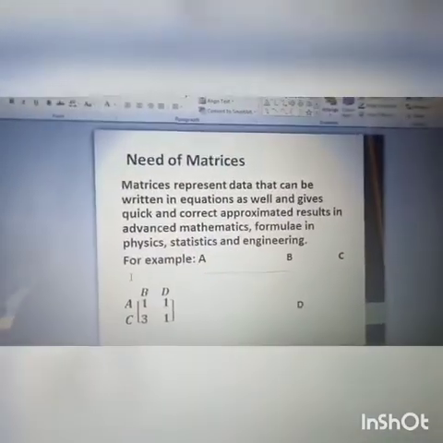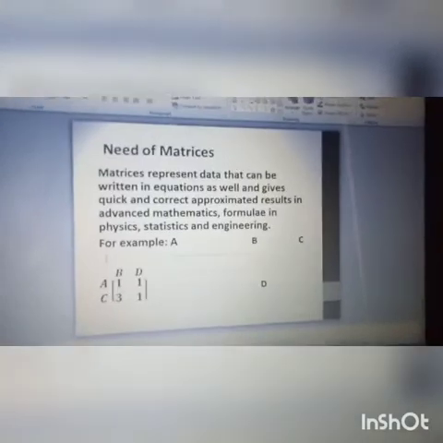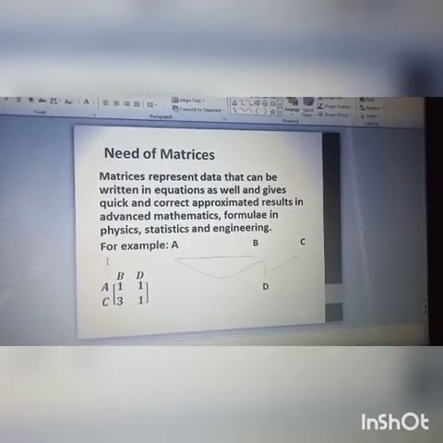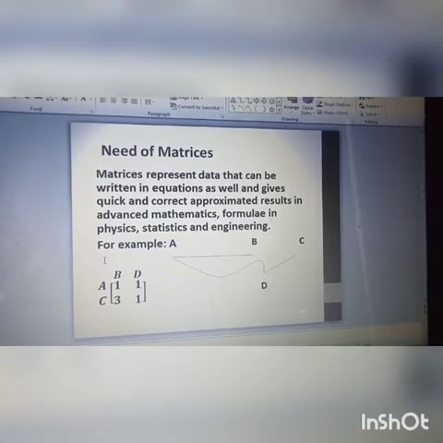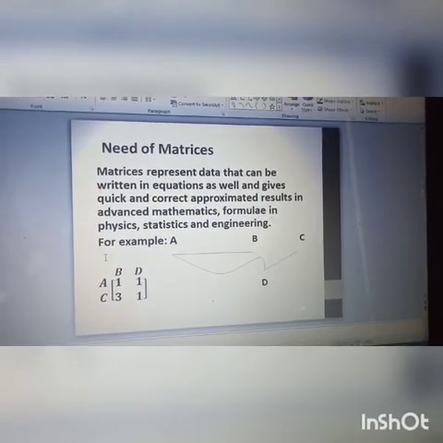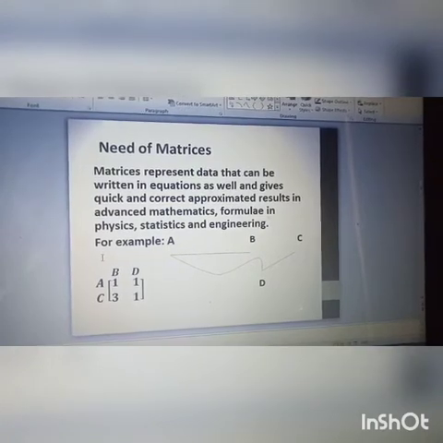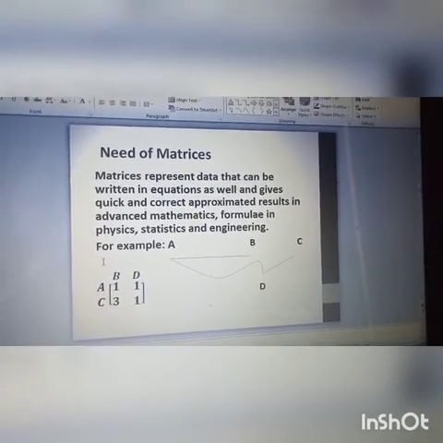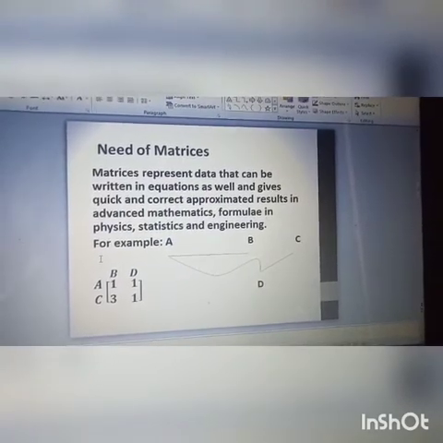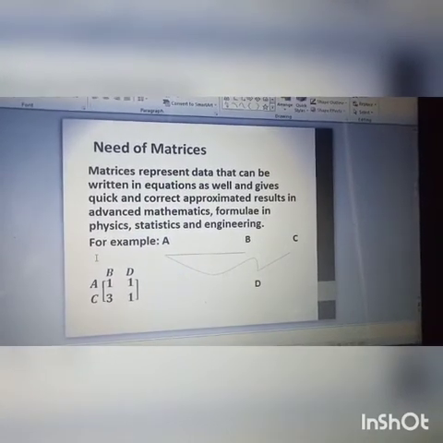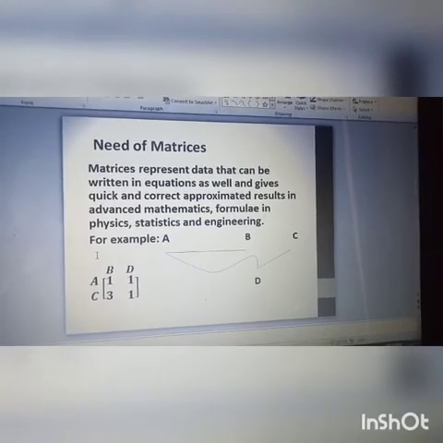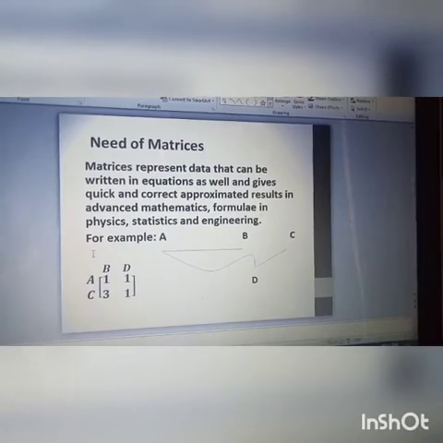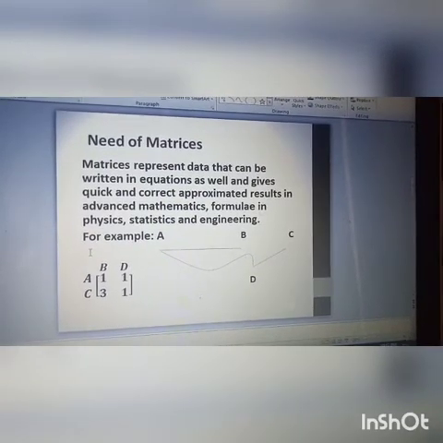The next target is, what is the need of matrices? Why does this question come in young minds? Sometimes they keep on doing the work with matrices, but the question still remains: what is the practical use of writing or working with matrices? Here the answer is, matrices represent data that can be written in equations as well, and give quick and correct approximated results in advanced mathematics, formulas in physics, statistics and engineering.